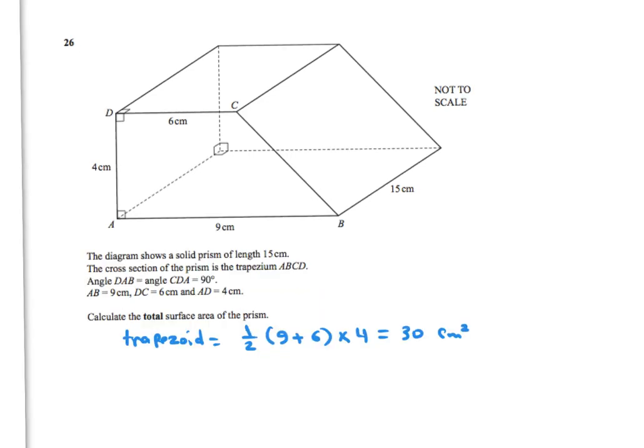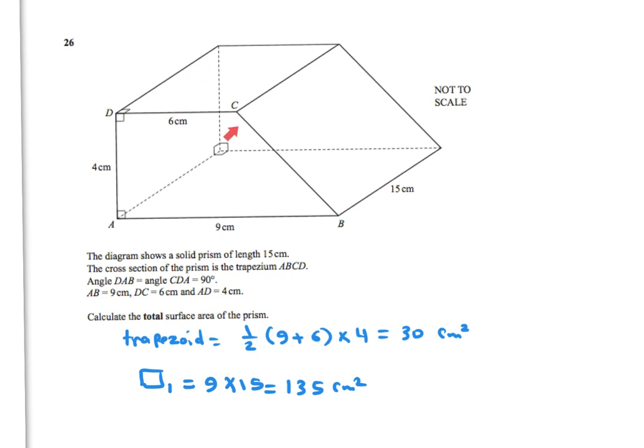Now for this rectangle, the rectangle at the base, 9 times 15. So for the first rectangle, 9 times 15 equals 135 centimeter square.